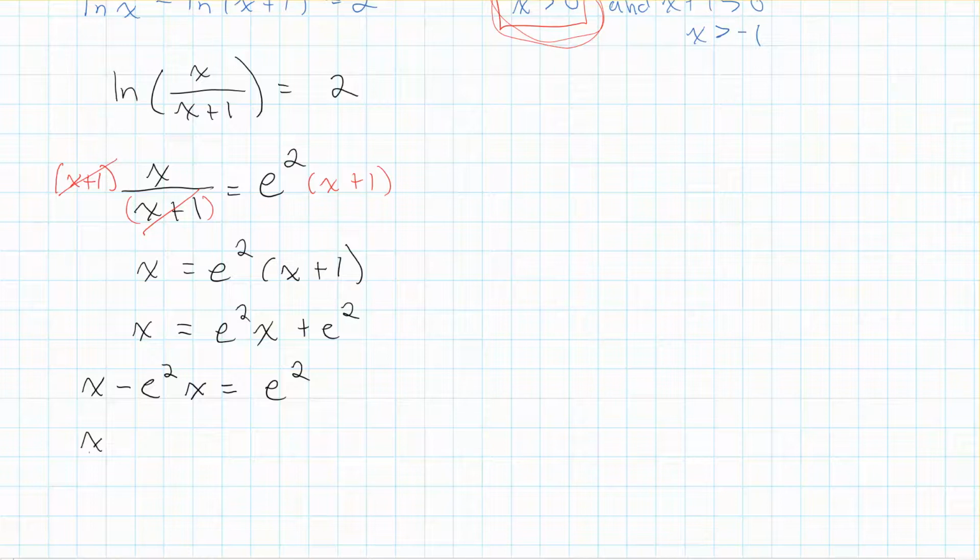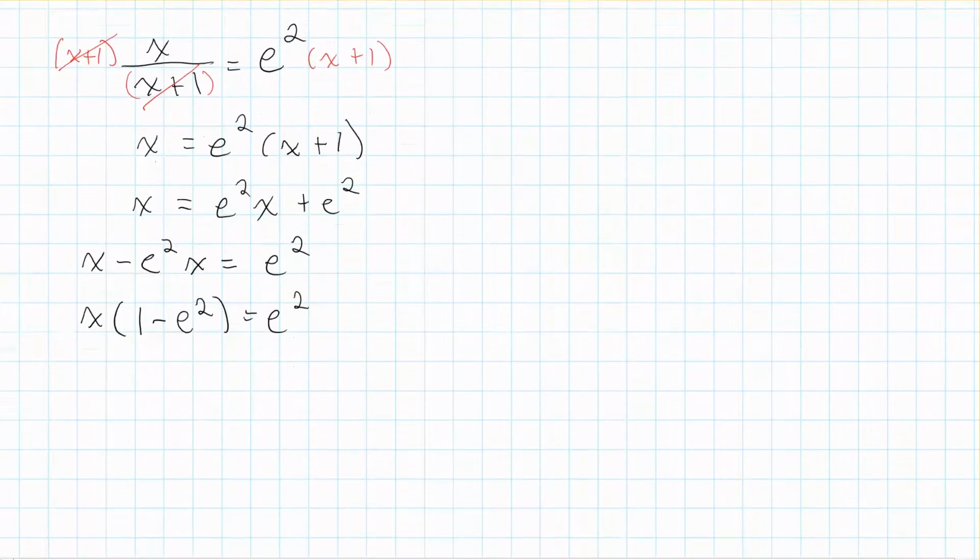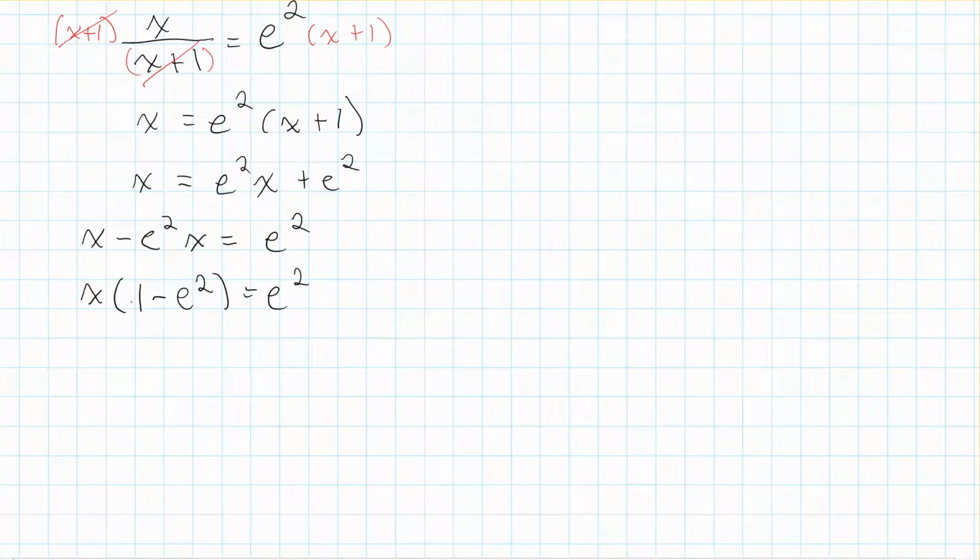Then we factor out an x, so you'd have x times 1 minus e squared is equal to e squared. Now we can divide both sides by 1 minus e squared, so x is equal to e squared over 1 minus e squared.